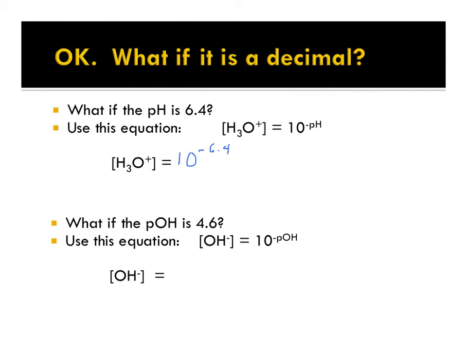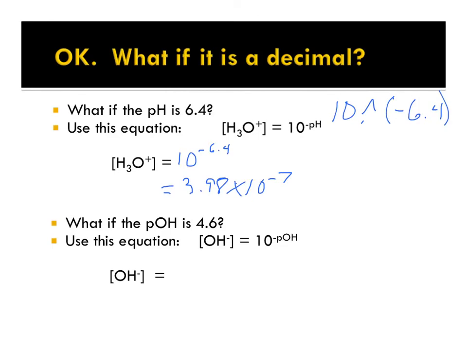Usually you need to use a caret symbol, and I like to use parentheses just so that I can see that a little better on my screen. So 10 to the negative 6.4, our concentration equals 3.98 times 10 to the negative 7th. And this is, of course, concentration, so we're talking molarity, but since we have the brackets, units aren't necessary.